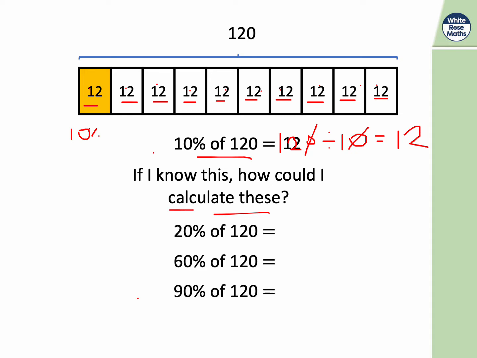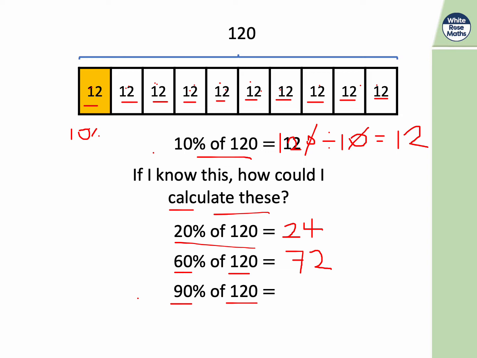So let's have a look. 20% of 120. Again, 10% is equal to 12. 20% is just 12 plus 12, which is 24. 60% of 120. Well, it's 12 times 6, because that equals 60%, and 12 times 6 is 72. The next part, 90% of 120.